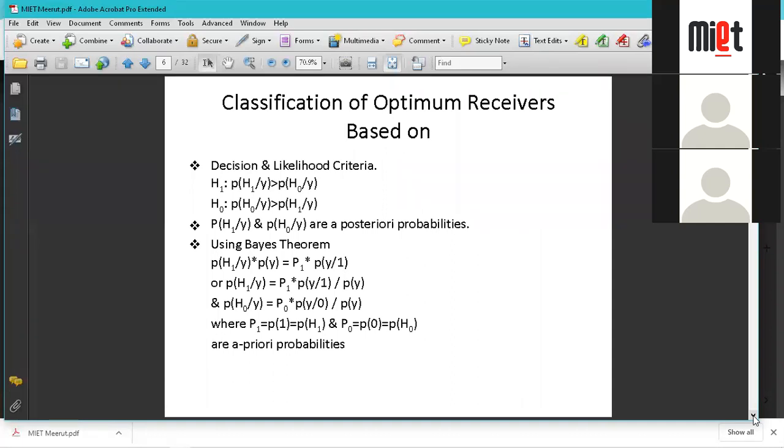Now before I take this up, you need to recall the simple Bayes theorem, which everybody studies at the time of BTech.